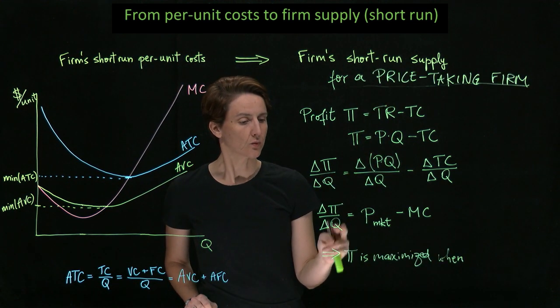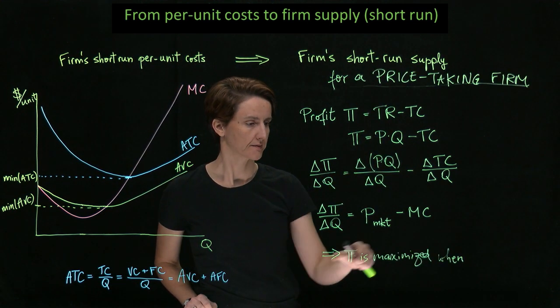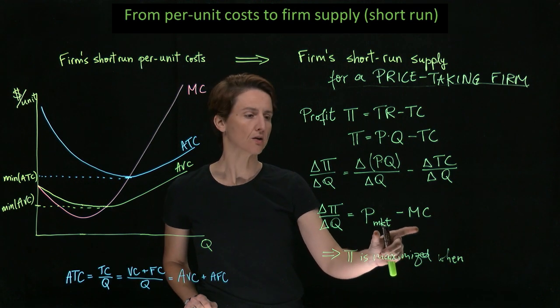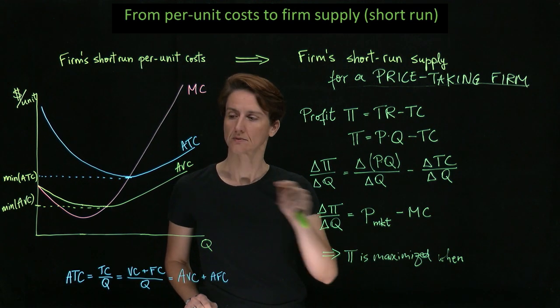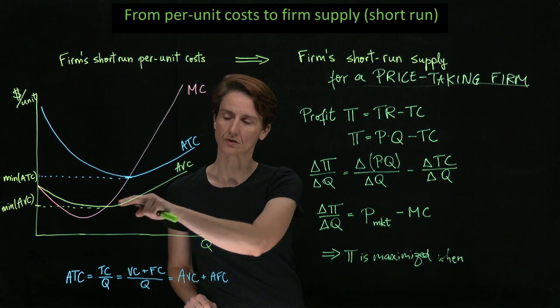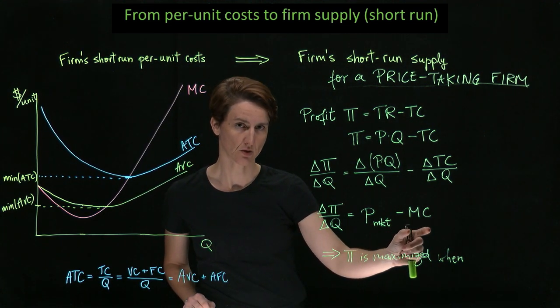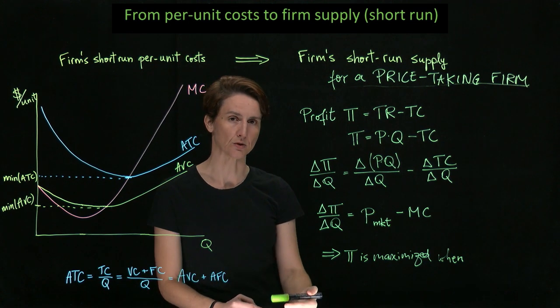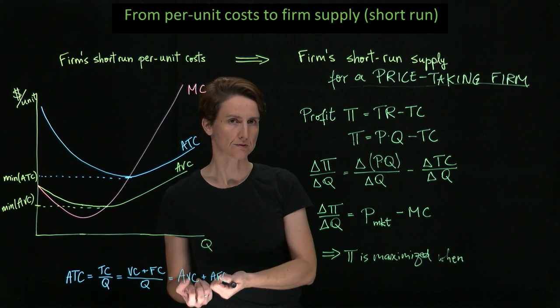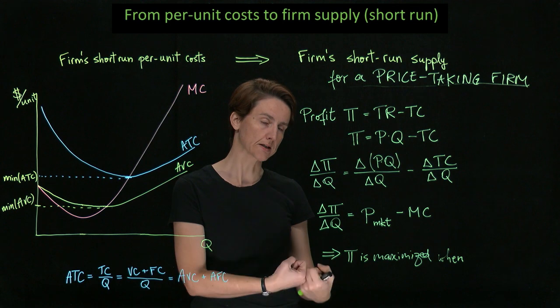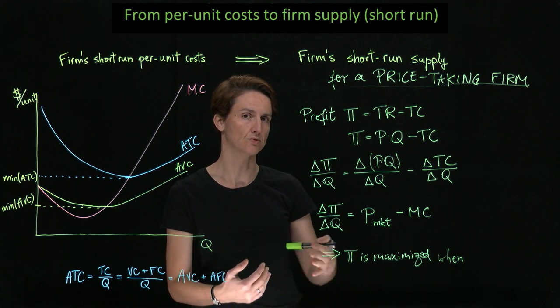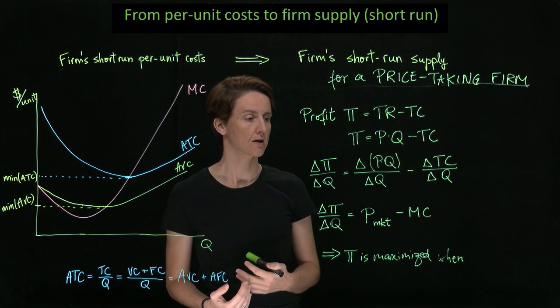So, when will profit be maximized? Certainly not as long as this is still positive. So if we're on the increasing portion of marginal cost and price in the market is still above marginal cost, that means that as we produce more units, our revenues from those units are greater than the cost of producing them, so we should continue to increase production.